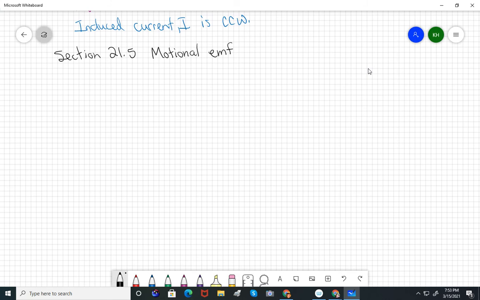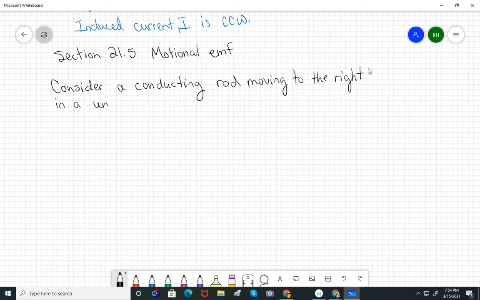So we're going to start by considering, which just means let's stop and think about, a conducting rod moving to the right in a uniform magnetic field directed into the page.